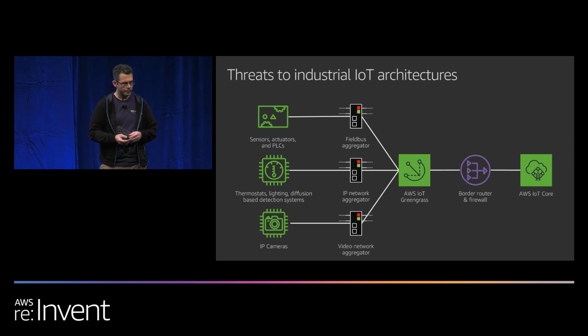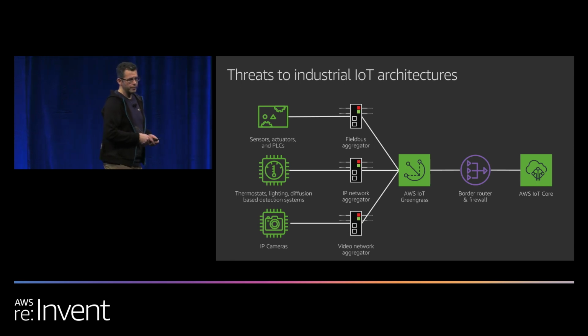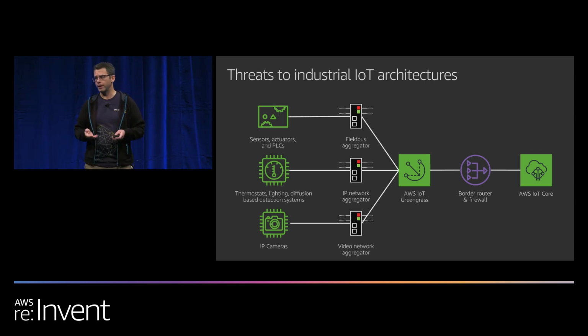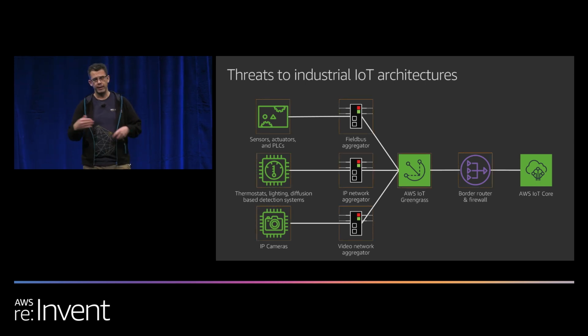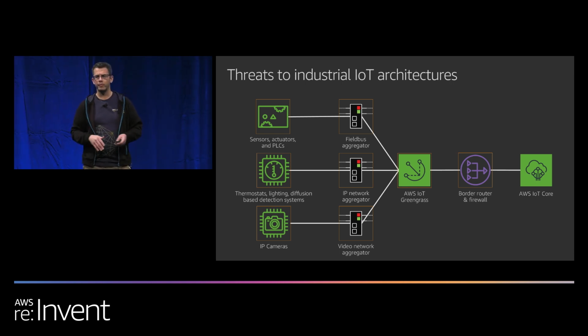But still, people are deriving the data from those networks and doing something interesting with it. In the lower part, you'll have video security networks. Again, those are not secured networks, but we're still aggregating that data and funneling that up into the cloud. And then in the middle, you have your normal IT networks that are generally well managed today.